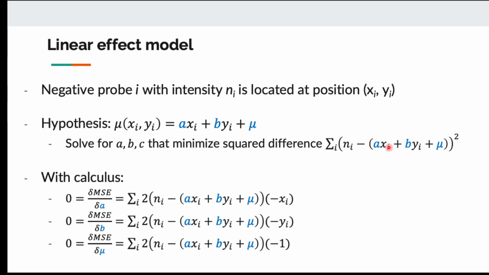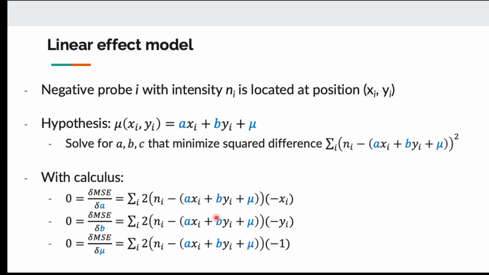So we want to minimize this term so that our choice of A, B, and mu makes our hypothesis of linear effect match the observation as much as possible. So again, we can do calculus. We can take this term and differentiate it with respect to these three parameters, these three unknowns.